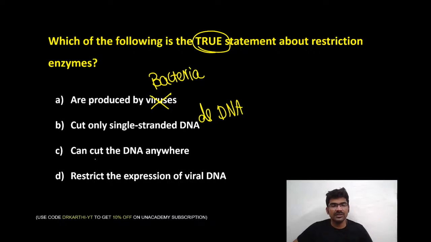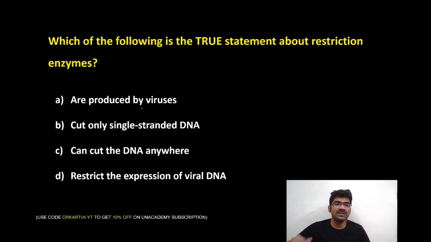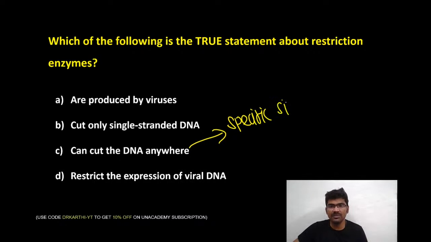And it can cut DNA anywhere. So that is a wrong statement. Why is this a wrong statement? It's going to cut only on particular select sequences. So they have specific sites where they will be able to cut the DNA.